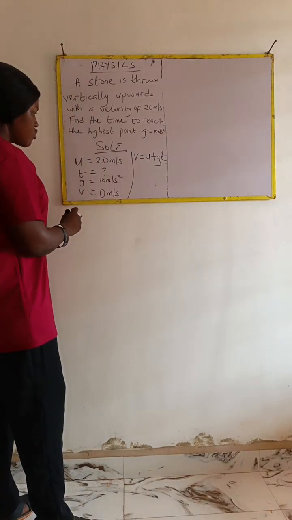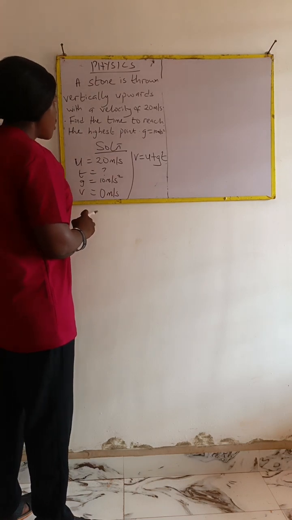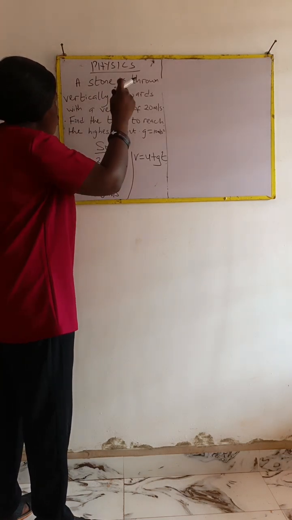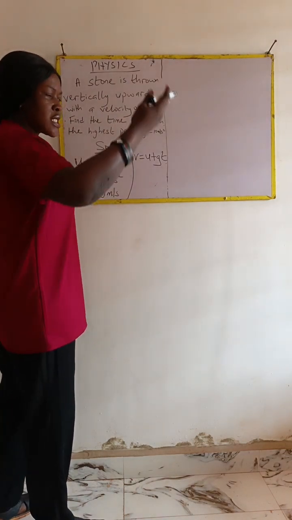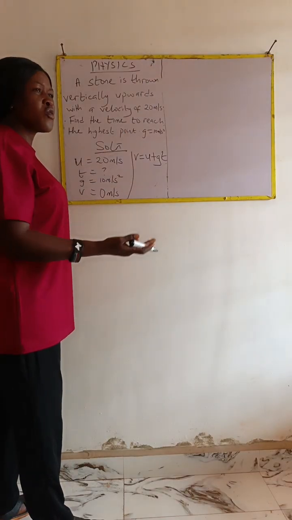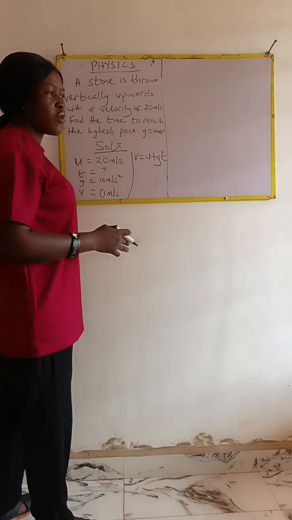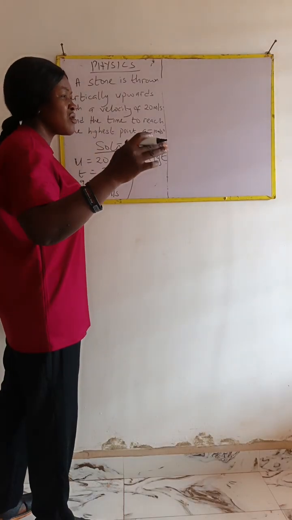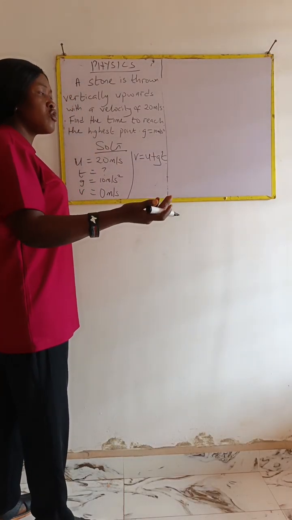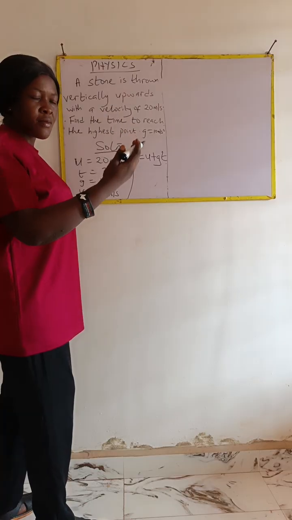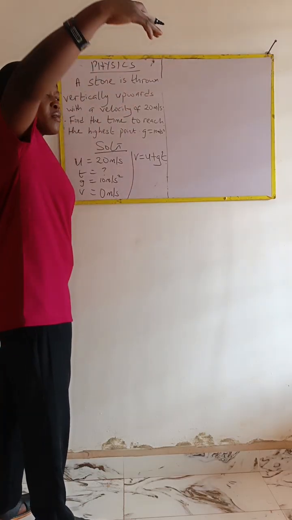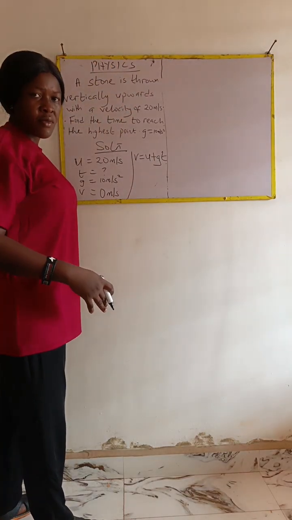Right. So now another thing, a stone is thrown vertically upwards, in the sense that we have the opposite direction. When you throw a stone like this, gravity will be pulling it down, right?